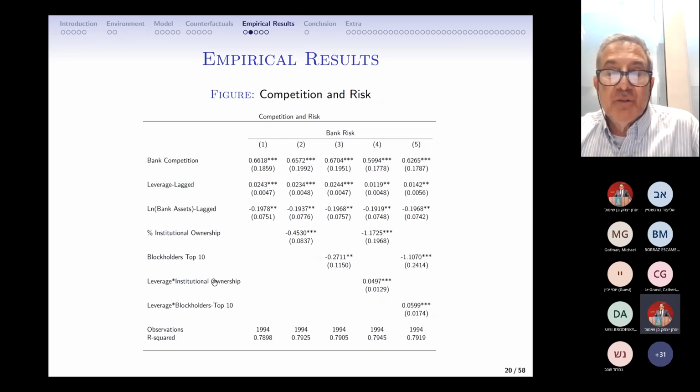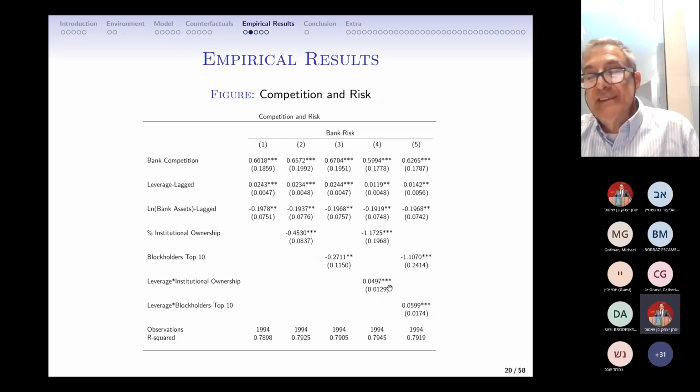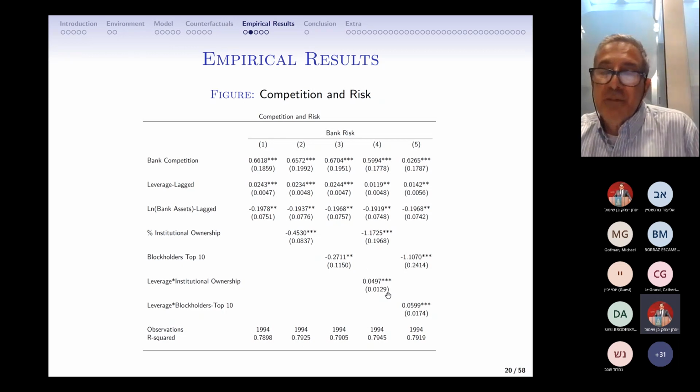And then remember, I said that there was an interaction term, and that also comes in. It's a flip from what I had before, and it comes in highly significant.